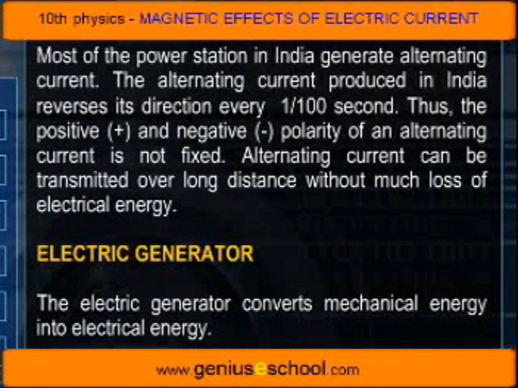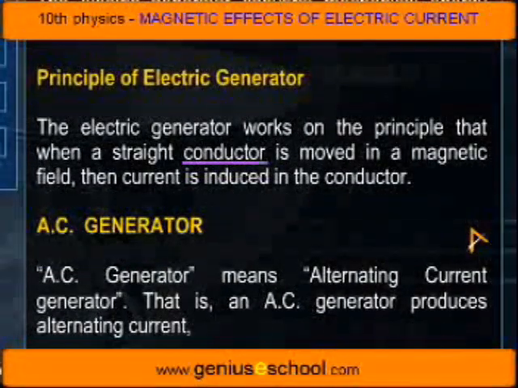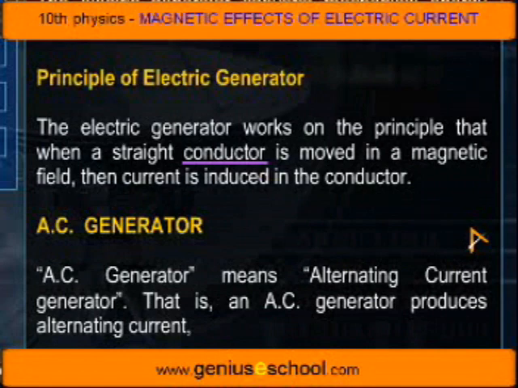Electric generator. The electric generator converts mechanical energy into electrical energy. Principle of electric generator: the electric generator works on the principle that when a straight conductor is moved in a magnetic field, then current is induced in the conductor.